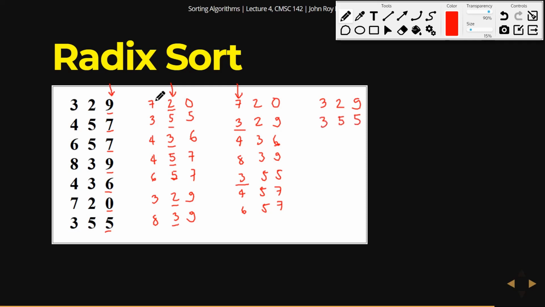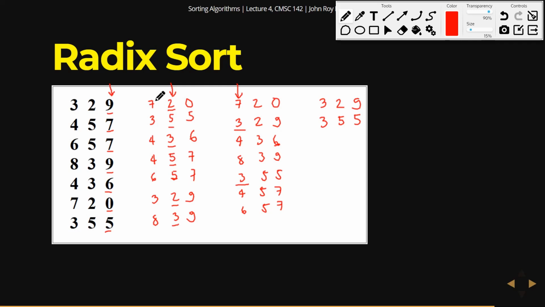And this is important because we have assumed that the previous place has already been sorted. So if there are ties, then we are assured that the 2 here is less than the 5. That's why we need to follow their original order also.